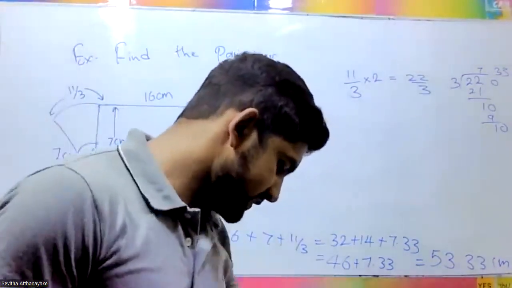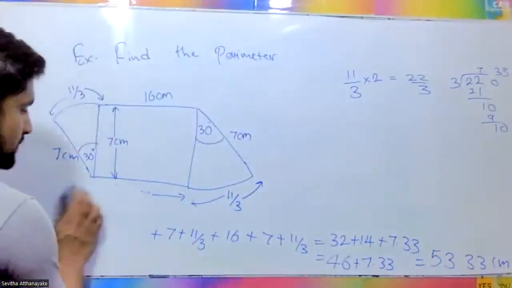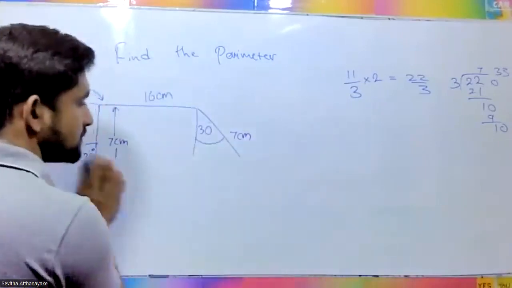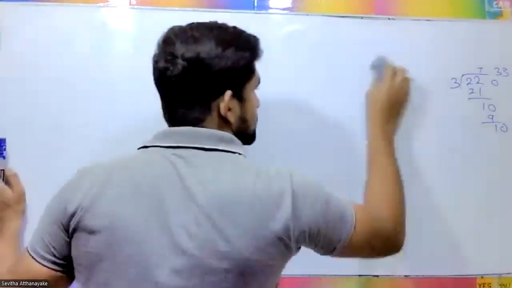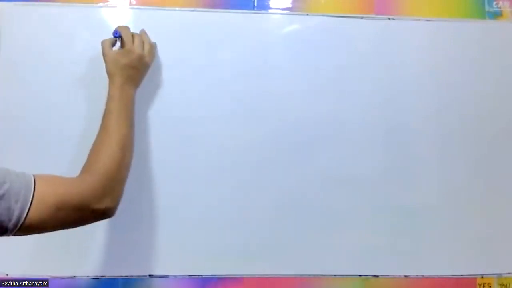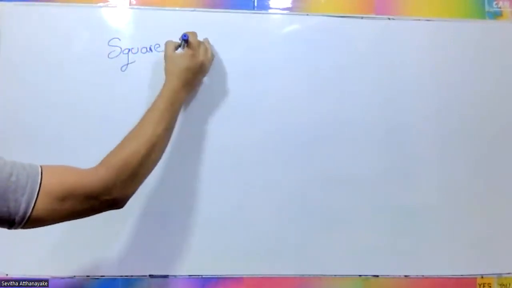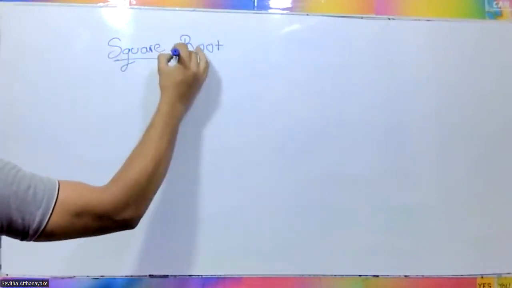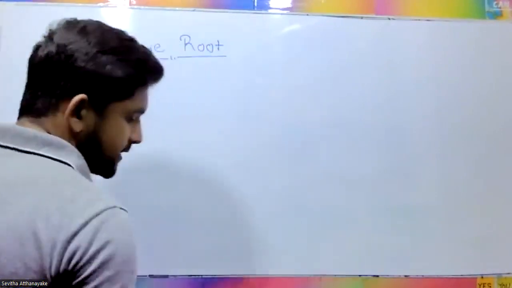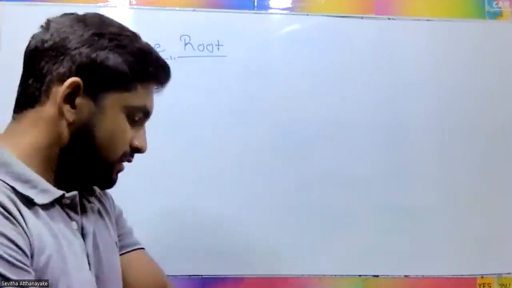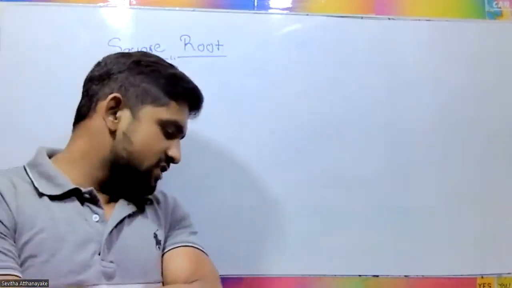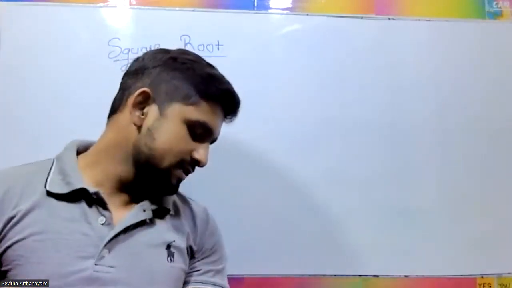Next, we'll move on to square root. First, we have learned about 3 methods.